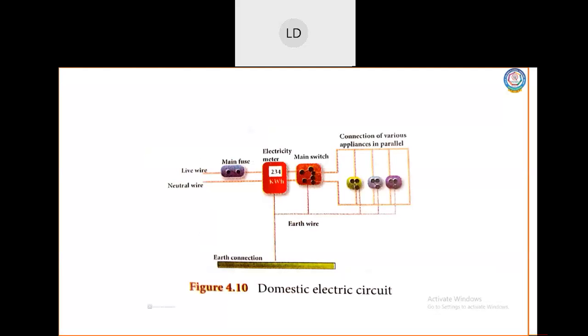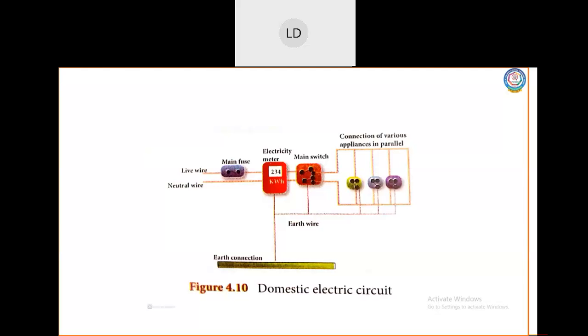So the first stage is, we should bring the power supply to the main box from a distribution panel. The distribution panel may be a transformer. You would have seen transformers along the roadside.